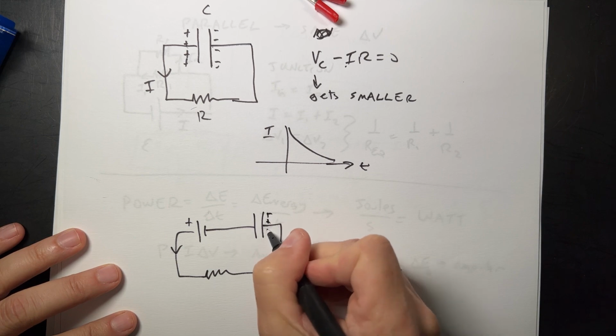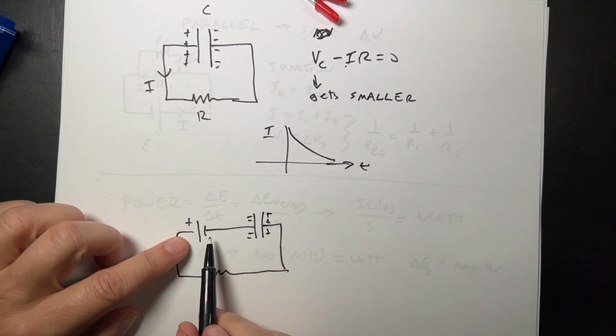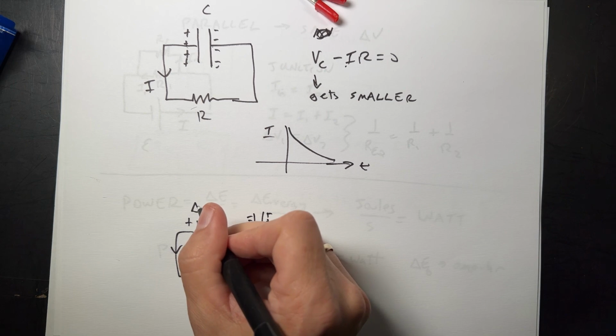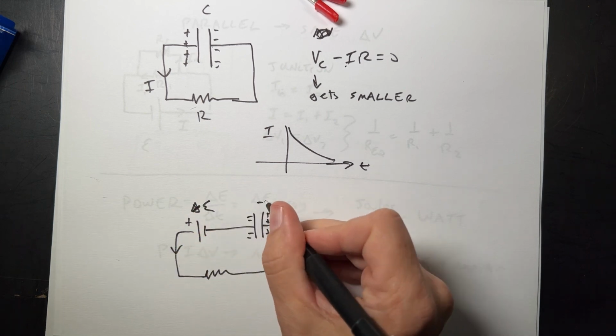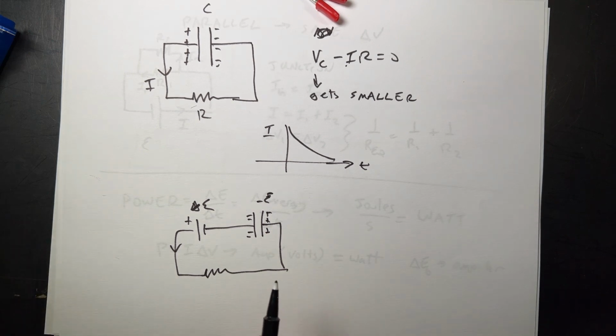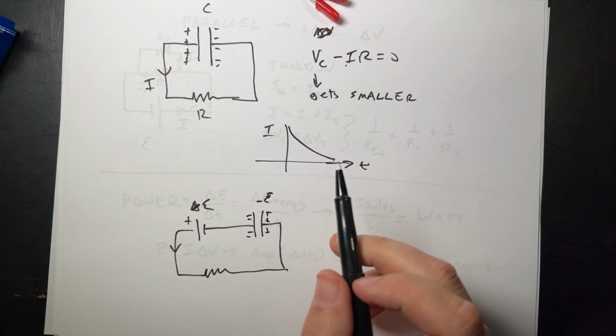I'm going to get positive charges built up right here. But you'll notice that the orientation of the charge on the battery and the capacitor are opposite because of the way the current flows. So eventually this will be some EMF, and this will be negative EMF, in which case the current will now be zero, it'll be charged up, and it'll stop. So you'll get the same looking current, but it'll be in a different direction.